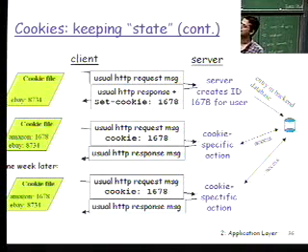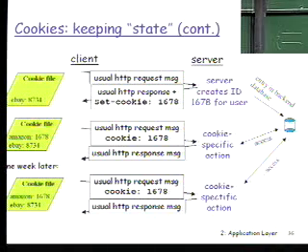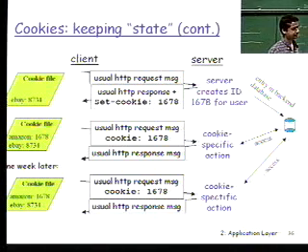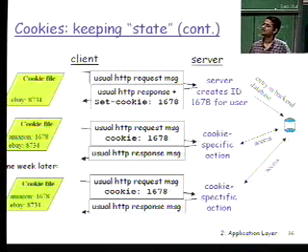The server will send the response, and in the header line, there's going to be an additional header, set cookie to this particular value. So now what the server is going to do is, there will be some backend database in which an ID is created for this user, for this particular connection. So 1678 is the ID connected for this user.